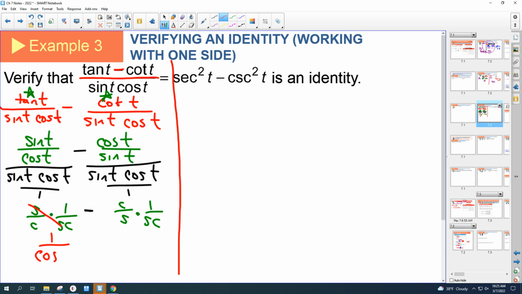So it's going to be 1 over cosine squared t right there. Minus, you see how this cosine is going to cancel out over here? That cosine is going to cancel out, leaving me 1 over sine squared t.